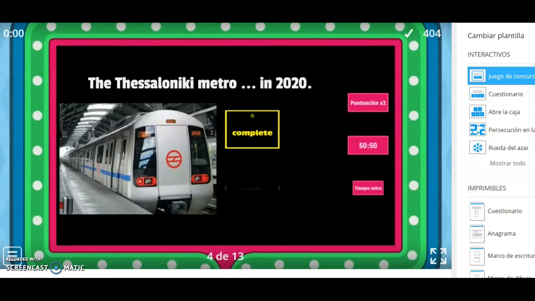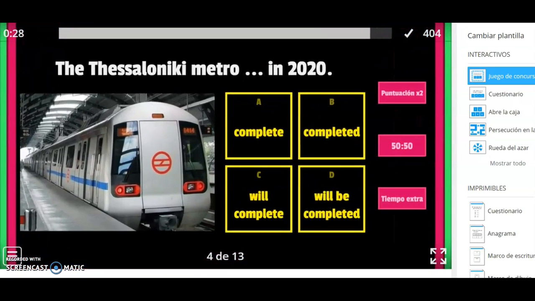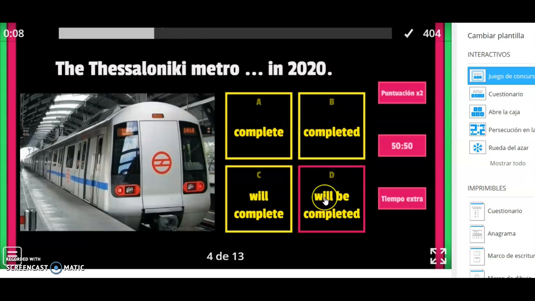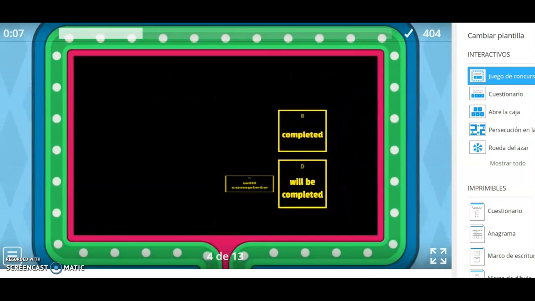Question number 4. The Thessaloniki Metro will be completed in 2020. Choose the correct answer. And the correct answer is will be completed.